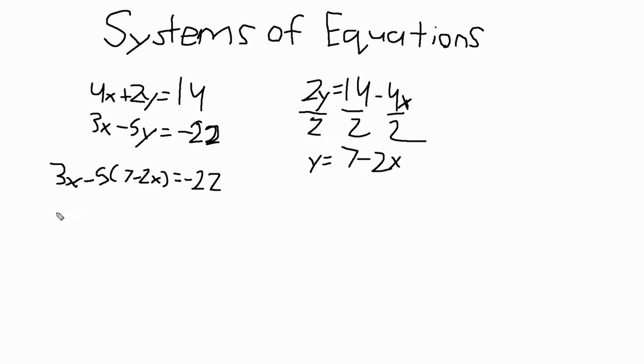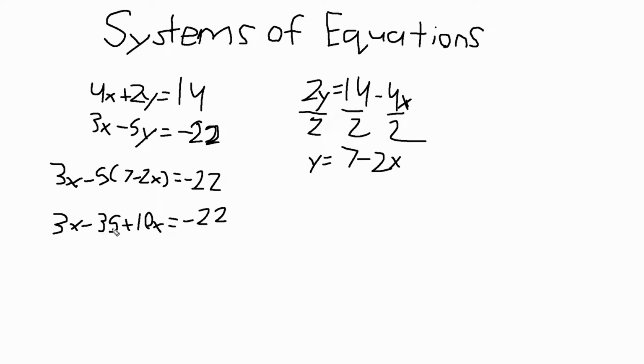So now 3x minus 35 plus 10x is equal to negative 22. Alright, so now we have to simplify both sides.